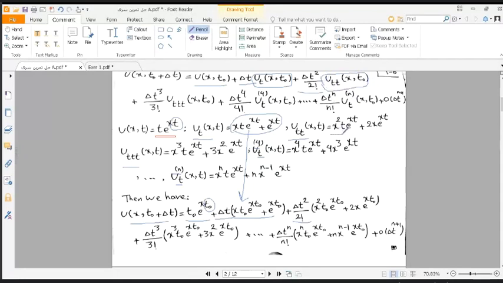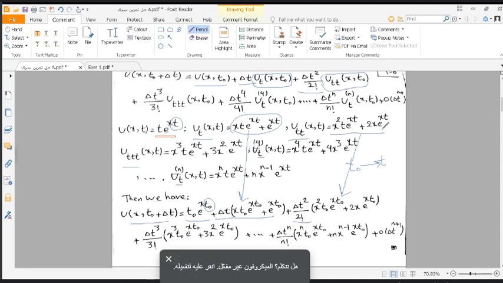We have X2 T e power XT plus 2X e power XT. We should take this derivative and put T0 instead of T, and we have X2 T0 e power X T0 plus 2X e power X T0.